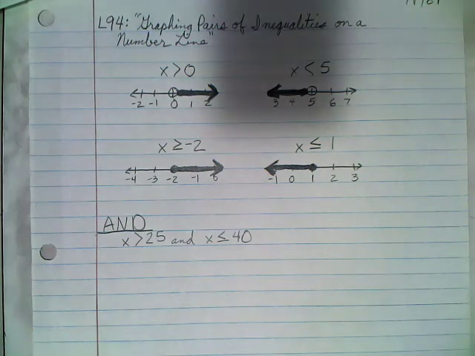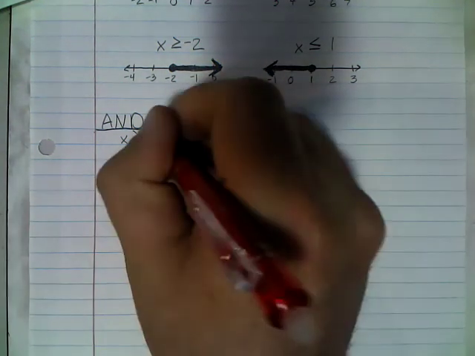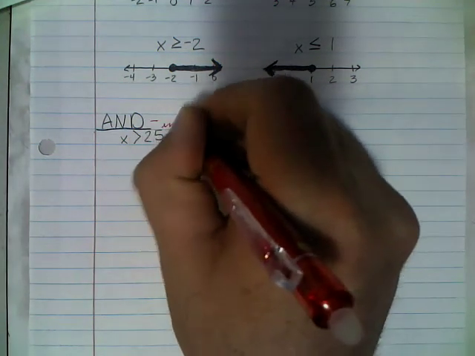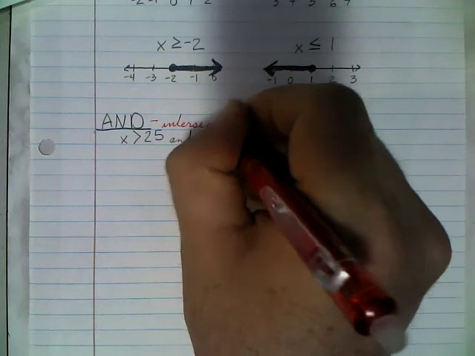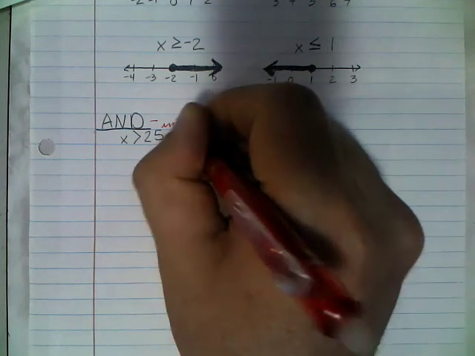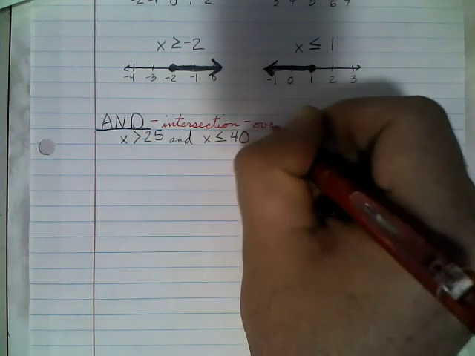In an and statement, and requires these to both be true at the same time. So an and is going to produce what's called the intersection, or it'll be the overlap of these two individual graphs.